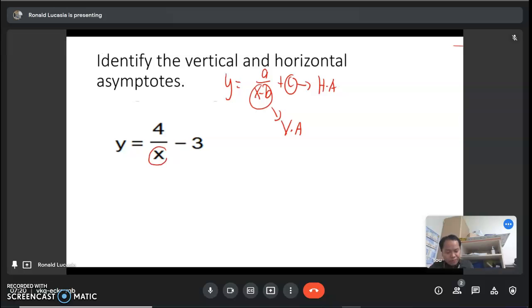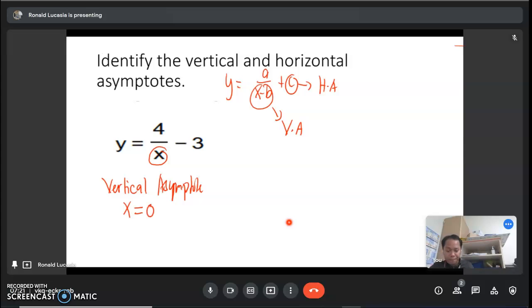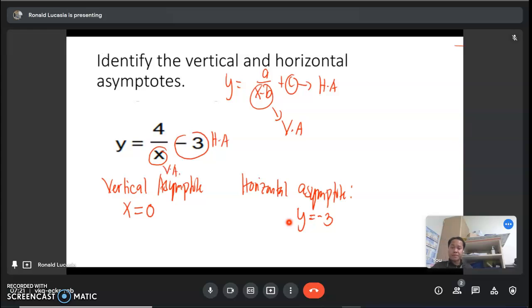So the vertical asymptote is x equals 0. Next, the horizontal asymptote here is y equals negative 3. This is the horizontal asymptote. This is the vertical asymptote.